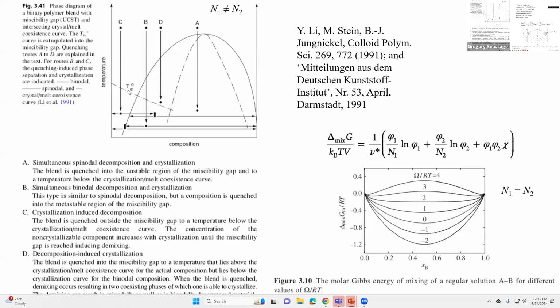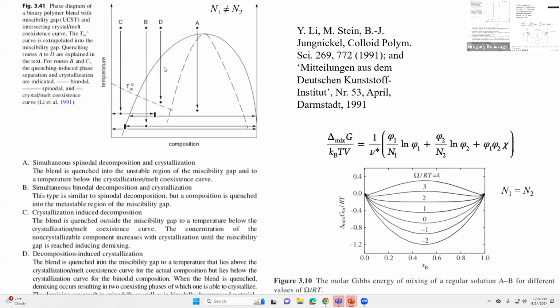Its crystalline melting point is depressed by adding an impurity, so you see the melting point drop. Below that line, it crystallizes. Up here, it's a mixture of the two polymers, amorphous. If you go into this region, you get a spinodal decomposition, like a web structure, and it's going to make compositions along the tie line, in that composition or this composition. So it'll phase separate into those two.